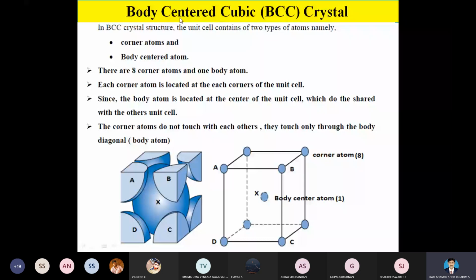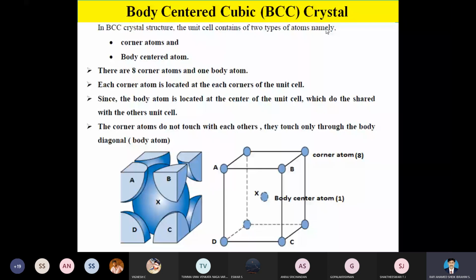Body-centered cubic crystal structure. So here in the BCC crystal structure, the unit cell consists of two types of atoms. You have to compare this BCC structure with the SC structure. You should not write the comparison, but you have to think about it.